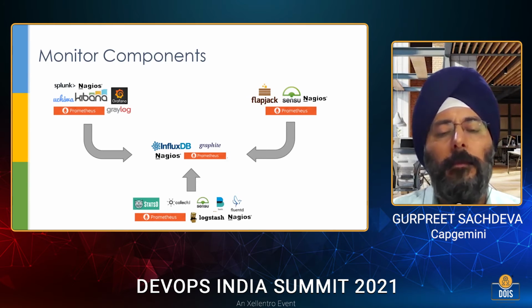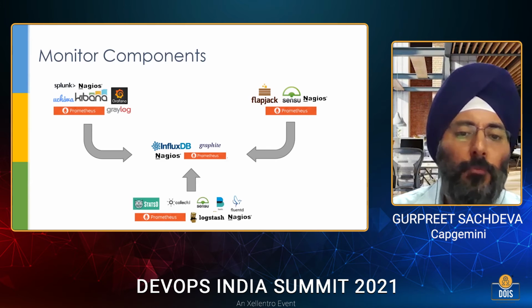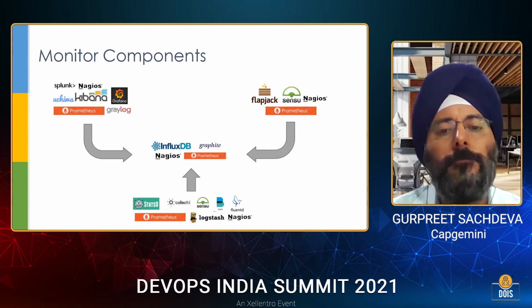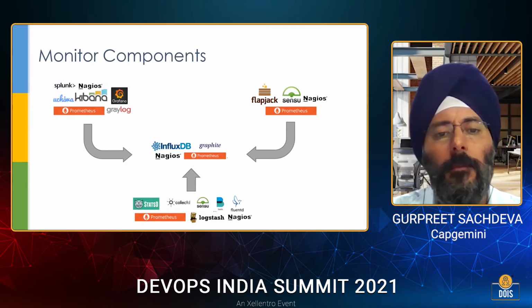You can see that the different types of tools have been arranged in this slide as per the functional categories. Data can be collected by tools like Logstash, CollectD, StatsD, Prometheus, Nagios, or Sensu. The collected data can be stored in Graphite or the internal repositories of tools like Nagios or Prometheus. The time series data can be stored in InfluxDB.